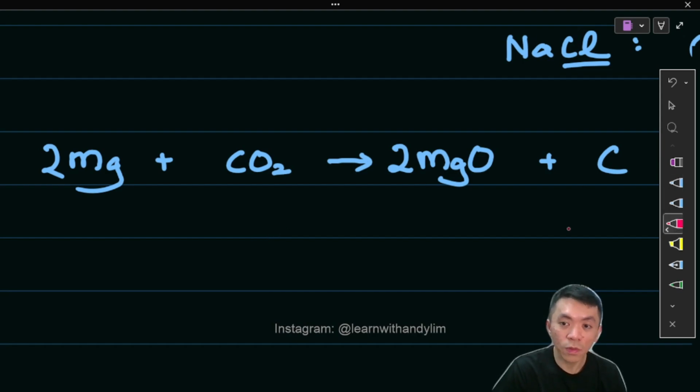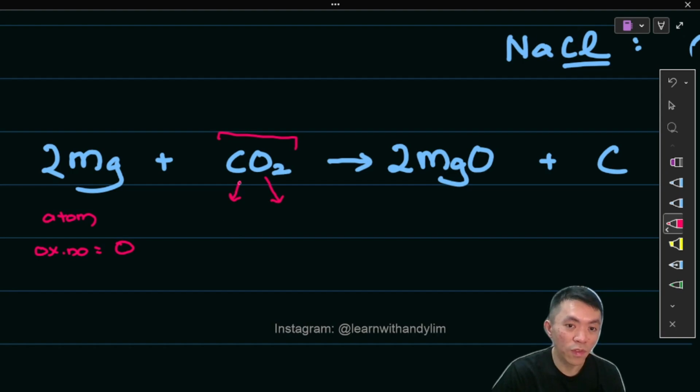So let's look at the change of oxidation number. Right here, magnesium is an atom, therefore its oxidation number is 0. How do I find the oxidation number of carbon? Remember, this is a compound.